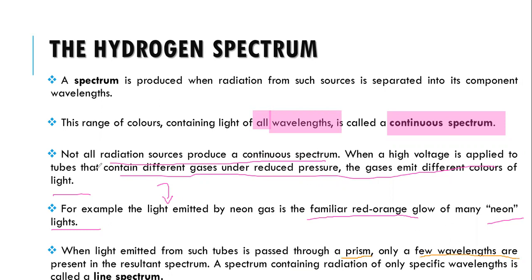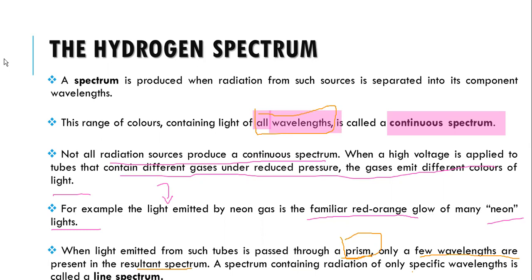I already said that all wavelengths producing color is a continuous spectrum. But with the prism, the resultant spectrum contains radiation only at specific wavelengths.